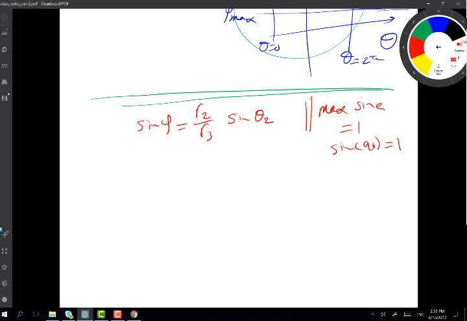Because theta 2 changes from 0 to 2 pi, at some point you expect sine theta 2 to be equal to 1, and then sine phi will be equal to R2 over R3. If R2 over R3 is greater than 1, what will happen? Then the linkage is going to stall.